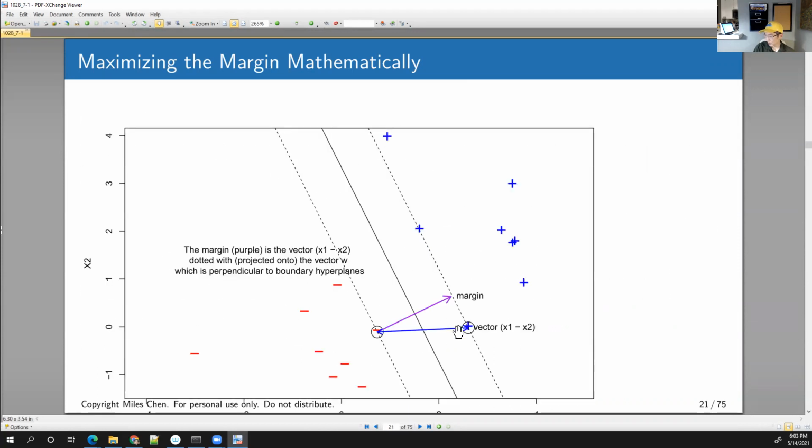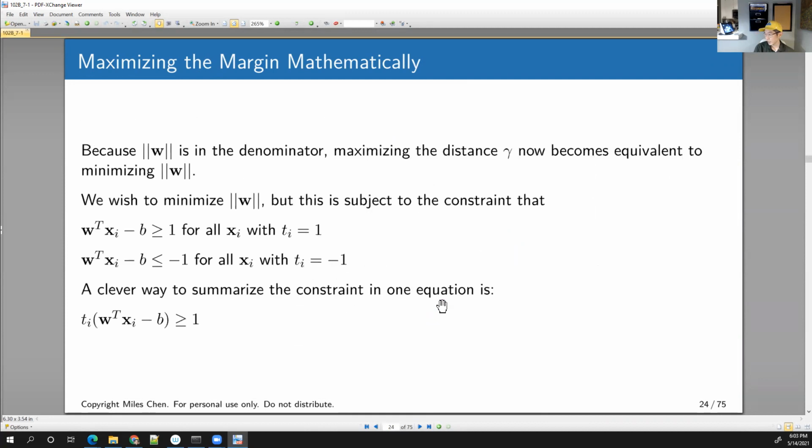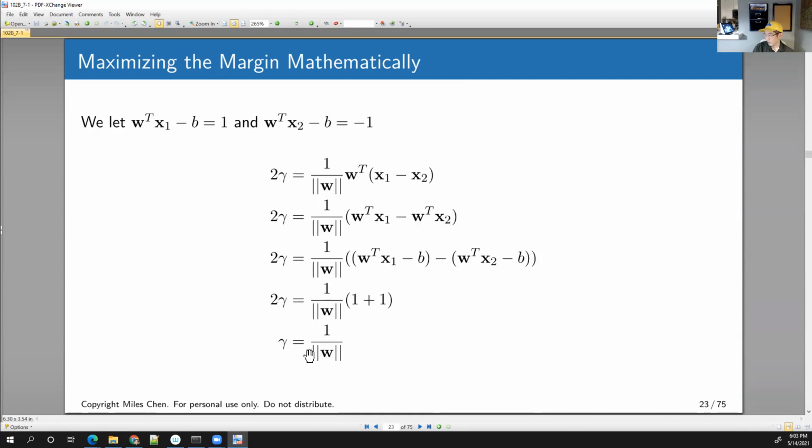So we project it onto some vector w, and we say, well, what vector w should we pick? Basically we just want to maximize this thing.